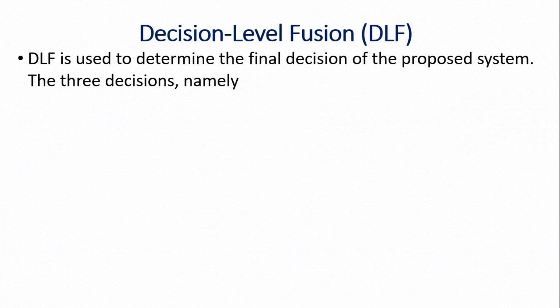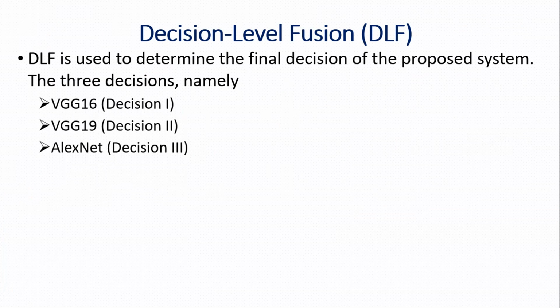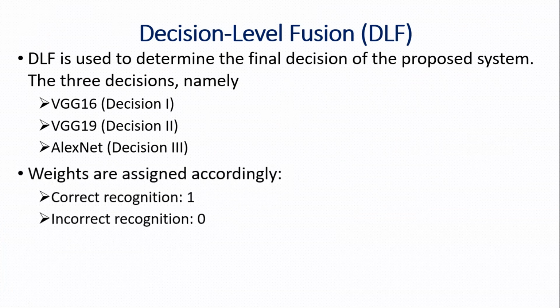Then after the models, we have the decision level fusion of the results we will get from each of the models. So we will have 3 decisions, one from each of the models, like I mentioned. The weight is assigned to the result accordingly.